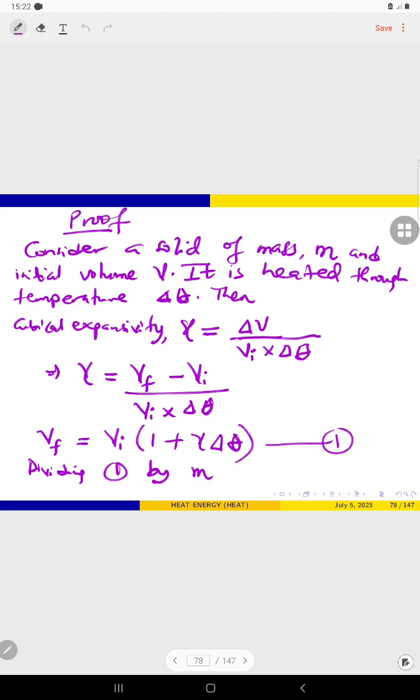You consider a solid with mass m and initial volume Vi. It is heated through this temperature, then we know that the cubical expansivity is given by this, where Vf is the final volume.